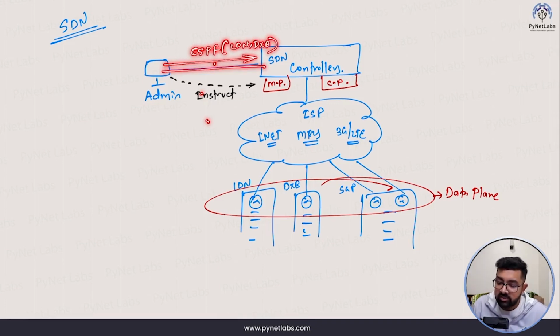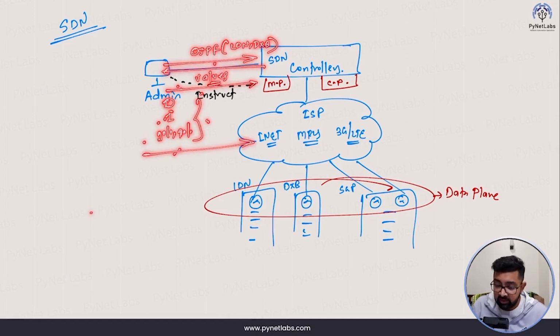The controller says, okay, give me the parameters for that. The admin says, okay, that's my area ID, that's my process ID, and G0/0 and G0/1 are the interfaces I want participating in the OSPF process, and sends that. The controller says, okay, got it.